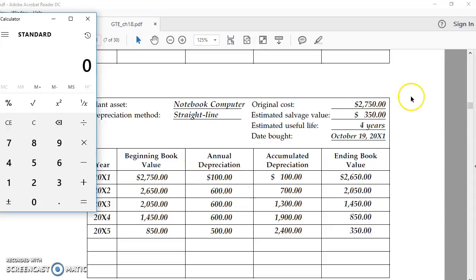On your calculators, take this $2,750. Subtract the salvage value, which is $350. $2,400 is how much you're going to depreciate.